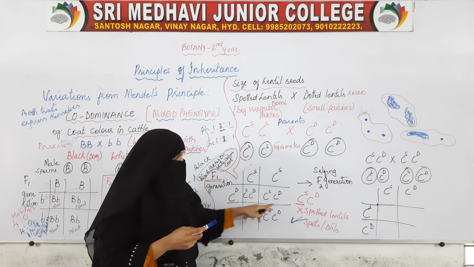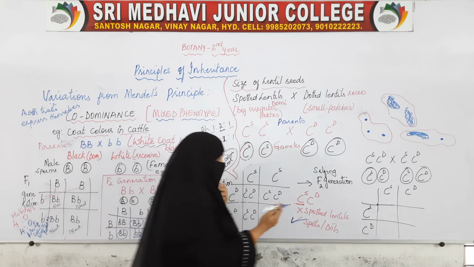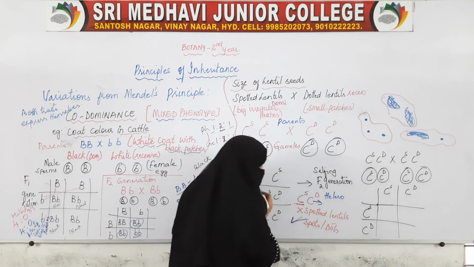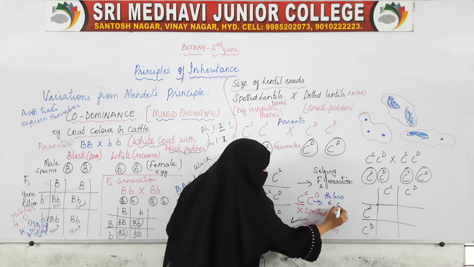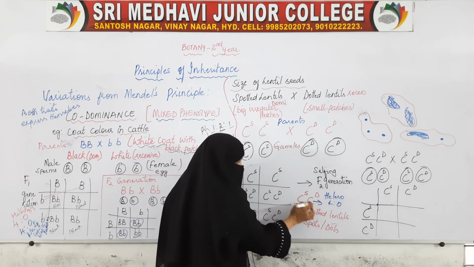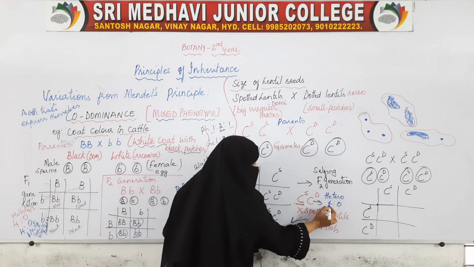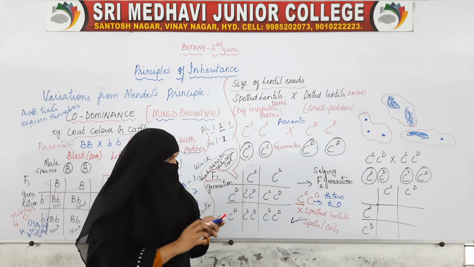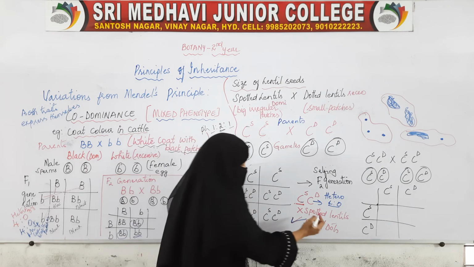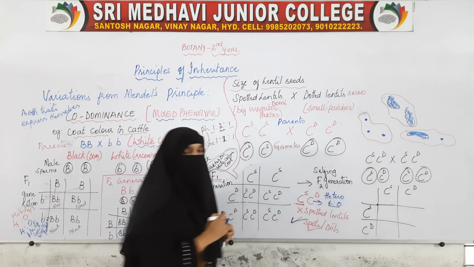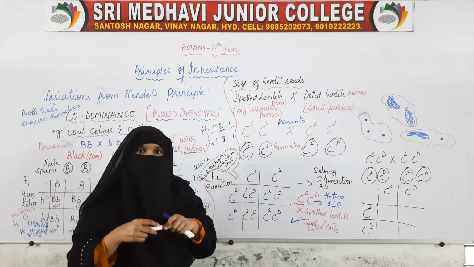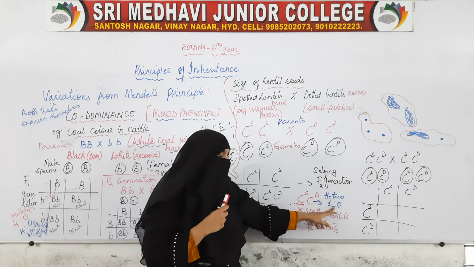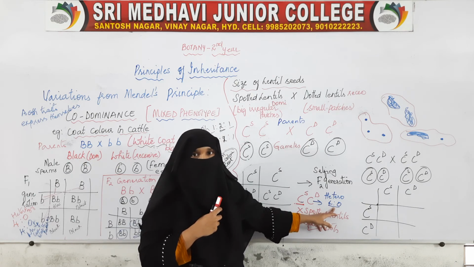So in the F1 generation, all four of them are heterozygous, that is CSCD. Heterozygous means 4:0. There is no homozygous. And all four of them are spotted as well as dotted. So the phenotypic ratio is also 4:0.